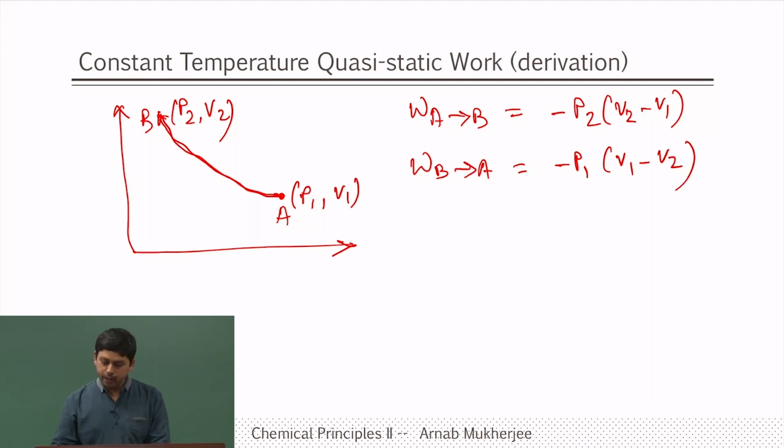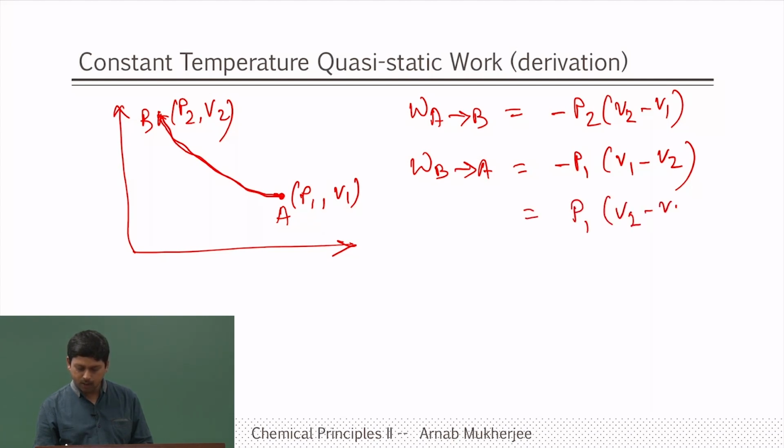Now, if I rewrite this equation, or let us say we only consider the magnitude of the work, then the sign will not matter. I will just write with the sign now P1 V2 minus V1. Now, let us take the magnitude of the work. So, now the magnitude of the work W A going to B will be P2 V2 minus V1, and this one will be P1 V2 minus V1.